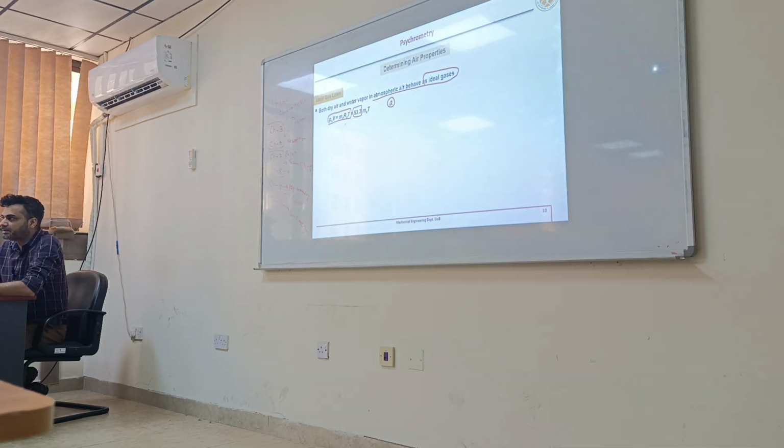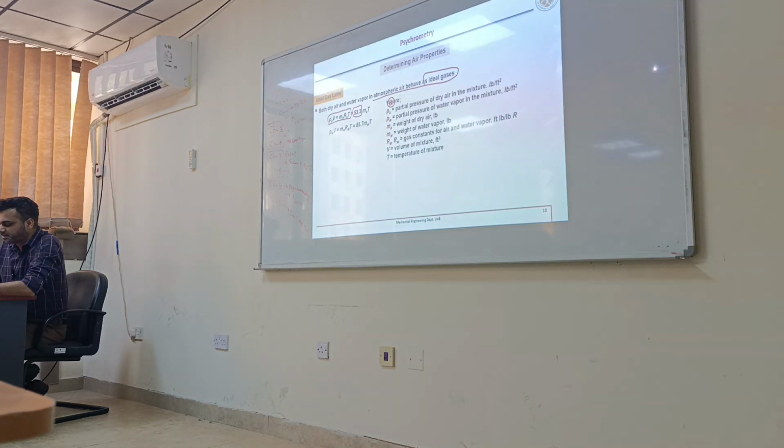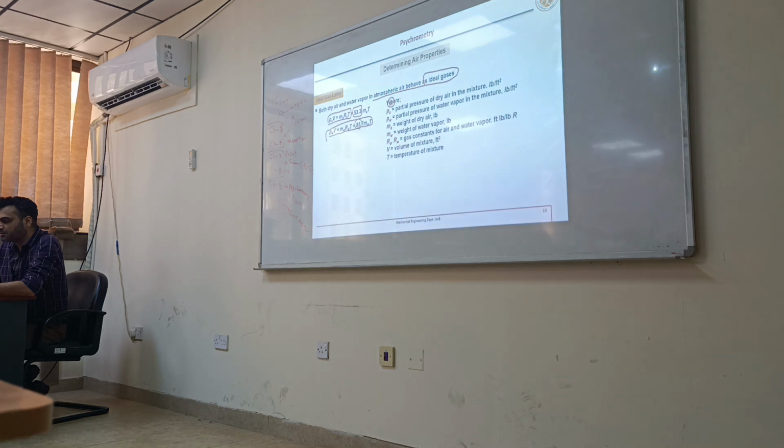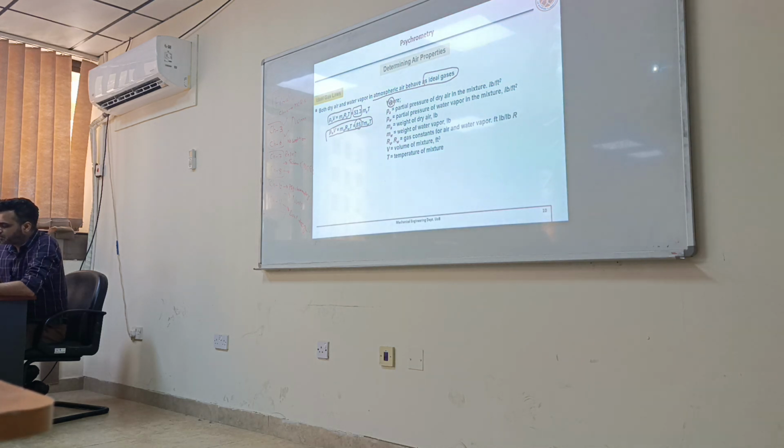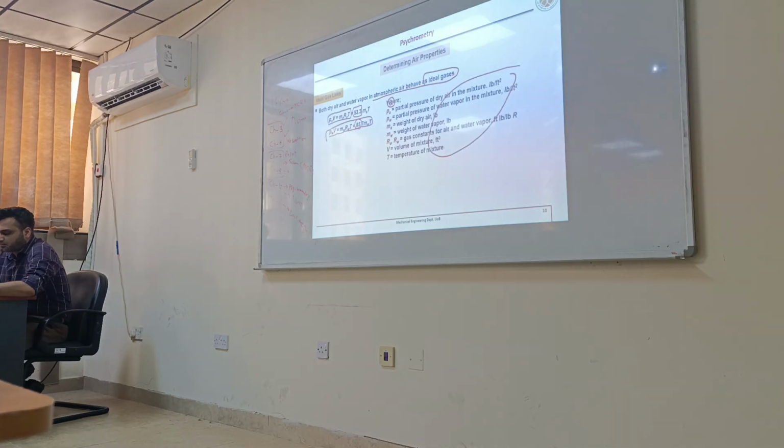In SI unit, it's 287, remember, or 0.287. Similarly for water vapor, this is the R of water vapor, but all in English units. So these are the ideal gas equations where we have replaced the R value, the rest is same.